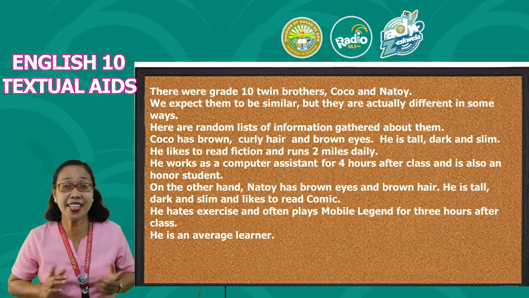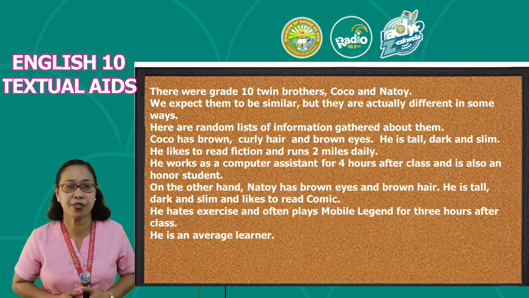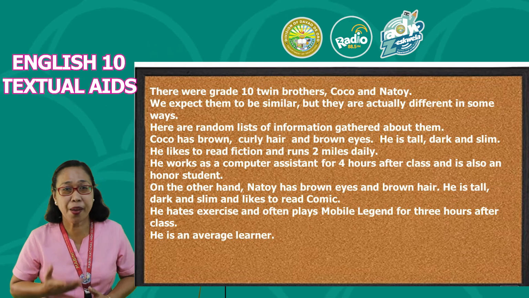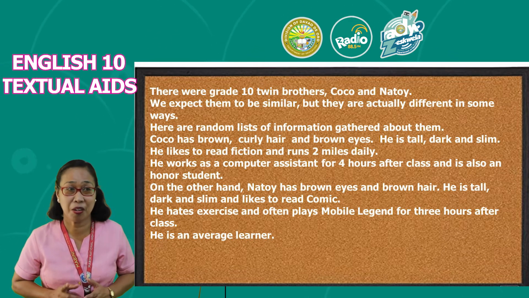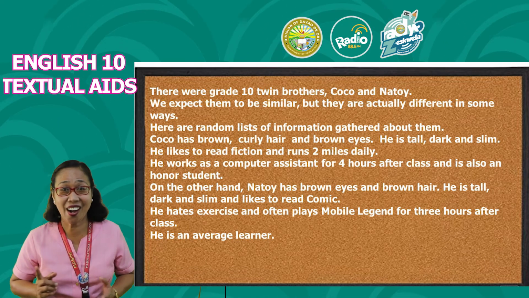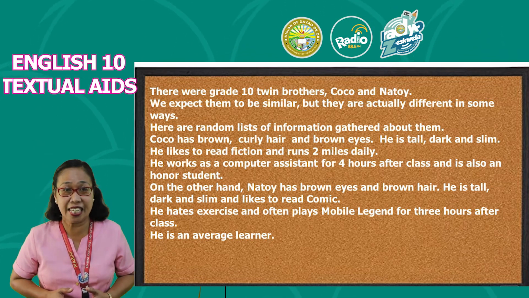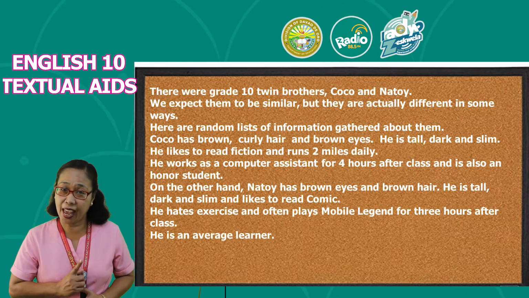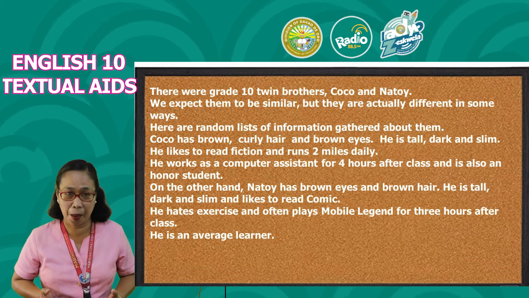There were grade 10 twin brothers, Coco and Natoy. We expect them to be similar, but they are actually different in some ways. Here are random lists of information gathered about them.